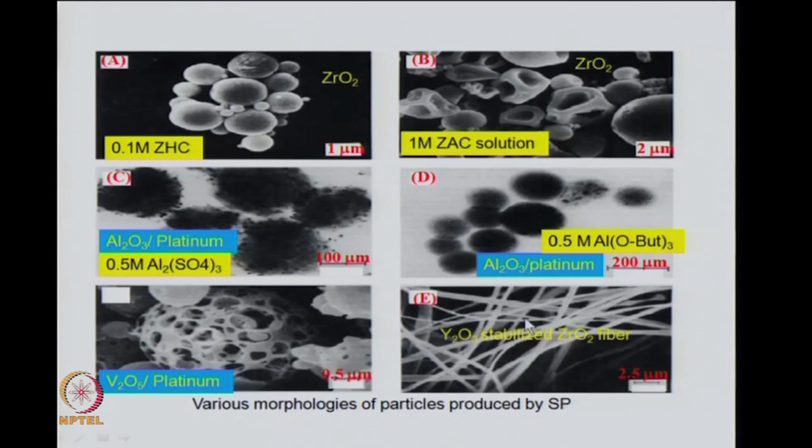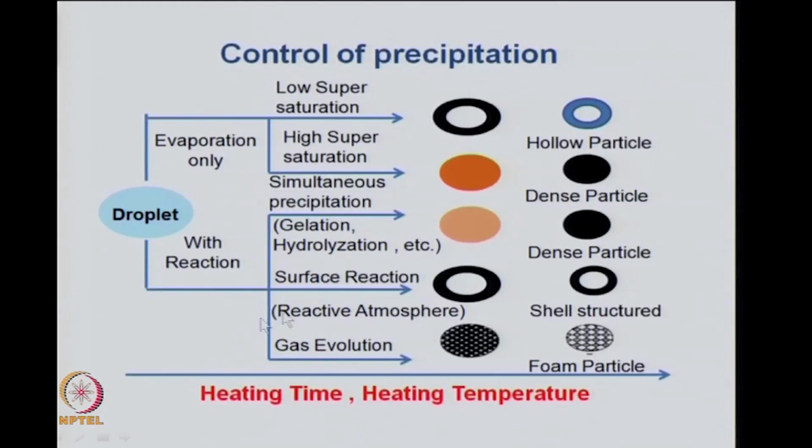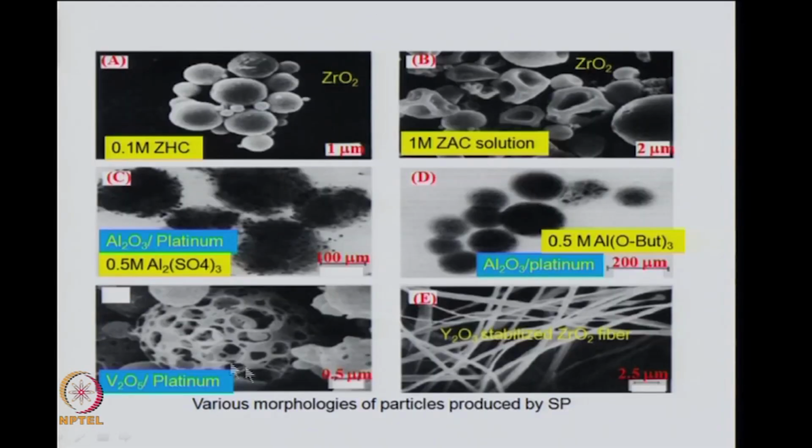Then these are some other examples of how you can get very different morphology. Here is a very porous structure, just like in this case this foamy type particle, and that you can see in this case, which is an example of vanadium pentoxide in platinum, and you get this kind of 3D porous network, connected porous networks.